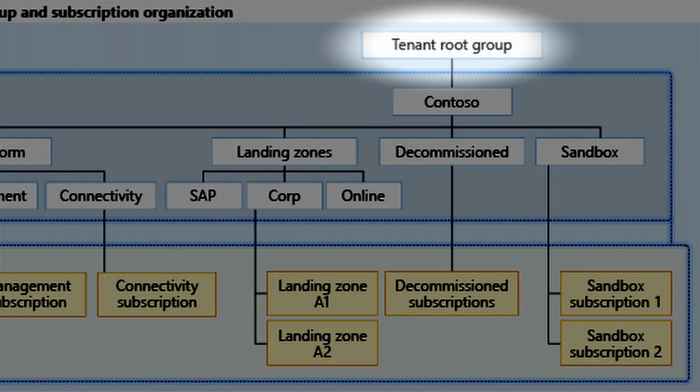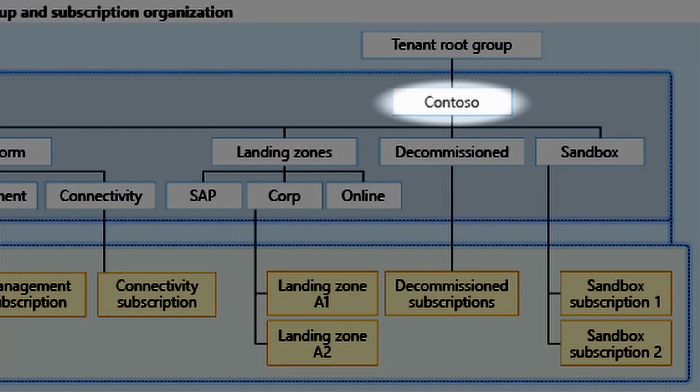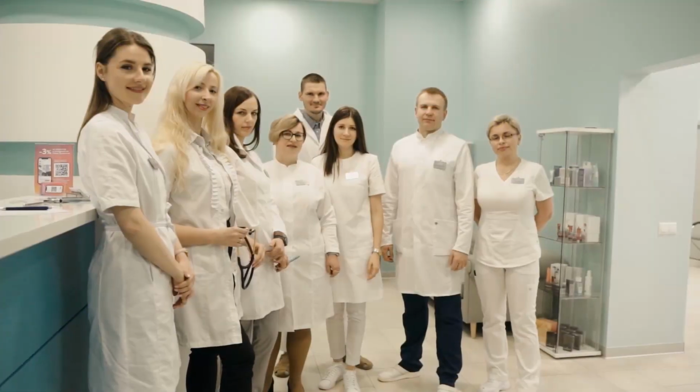The tenant root group is where a really small number of people should be given access. This would typically be your architects and senior staff members. Same would go for Contoso in this example. Then you can start handing out access to those of your staff that are a little more specialized.